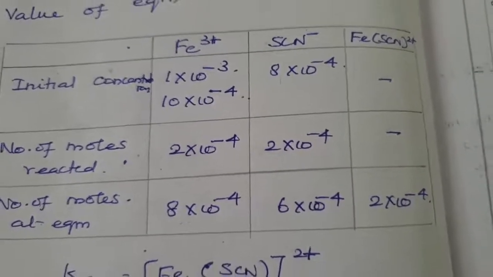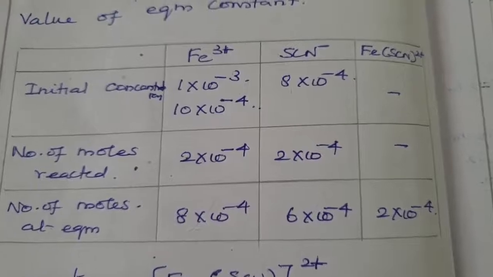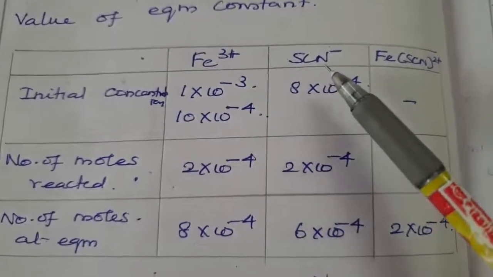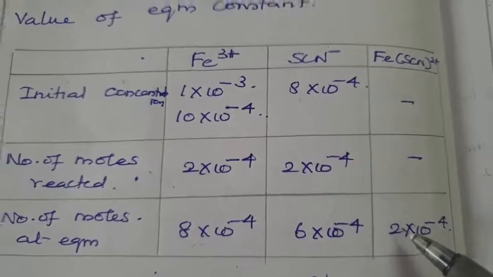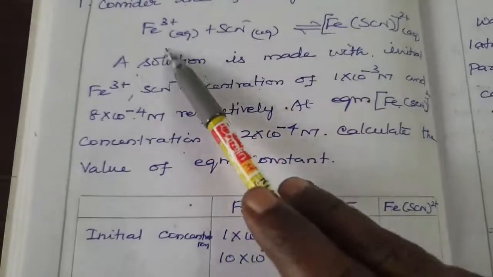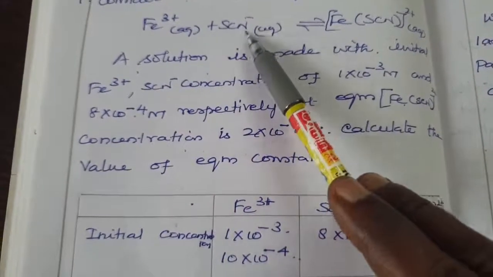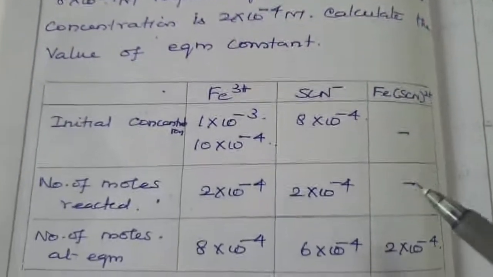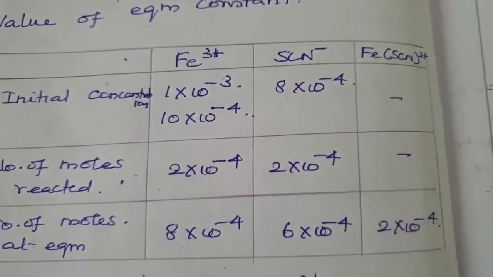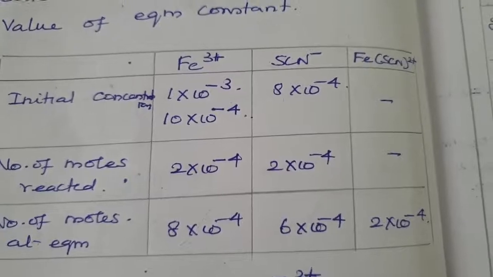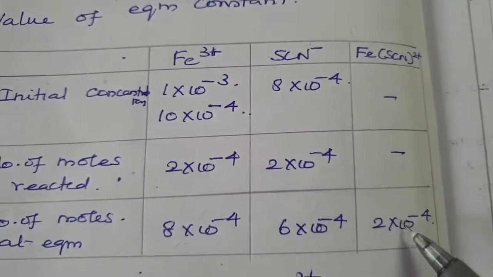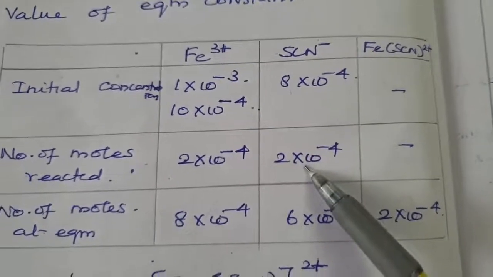Okay, so out of this, SCN, all are present in 1 mole. 1 mole of Fe3+, 1 mole of SCN, and 1 mole of the product. So 2 × 10^-4 is taken for 1 mole of Fe(SCN)2+, which means here also SCN is 1 mole. So the same amount will be in the number of moles reacted.